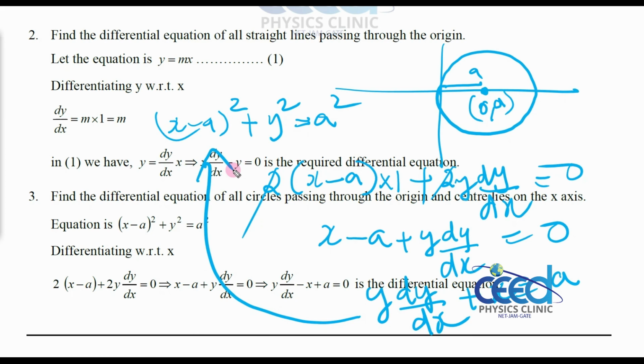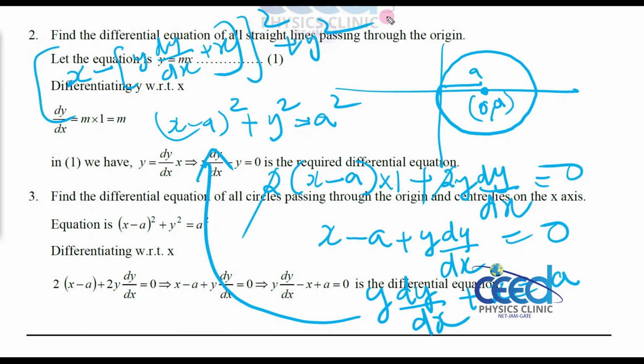When I substitute this here, x minus (y dy by dx plus x), the whole square, plus y square is equal to the square of this, that is (y dy by dx plus x) the whole square, which is a square.